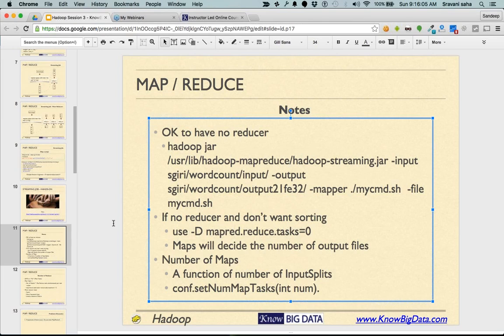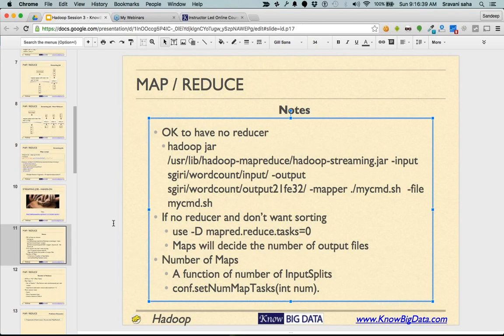All right. So maps will decide the number of output files. Also, the number of mappers is decided by how many input splits there are. Input splits are equivalent to HDFS blocks, just that the boundaries are fixed, and blocks are raw data while splits are the data you require for processing in the form of records.